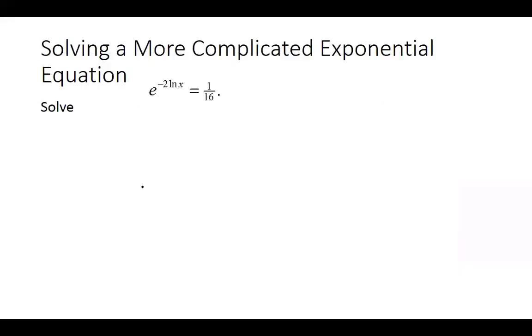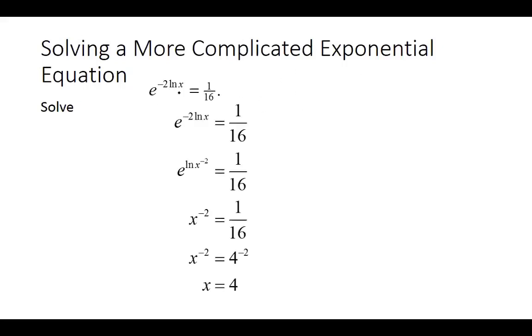Let's take a look at this example. e to the power of minus 2 natural log of x is equal to 1 over 16. There are some properties that you can recall for this one as well. The first property is right here. If I have minus 2 natural log of x, if you recall, I can move this number and put it right on the exponent like that.